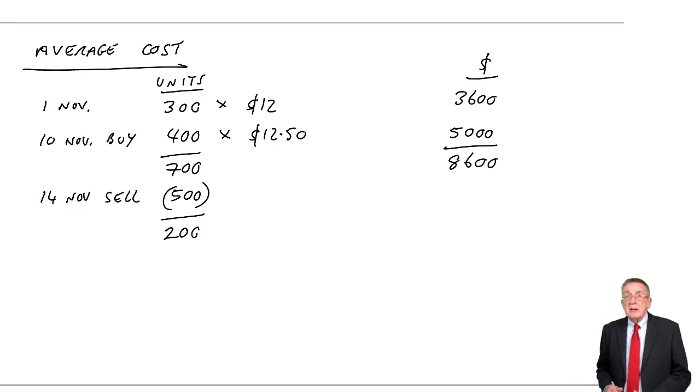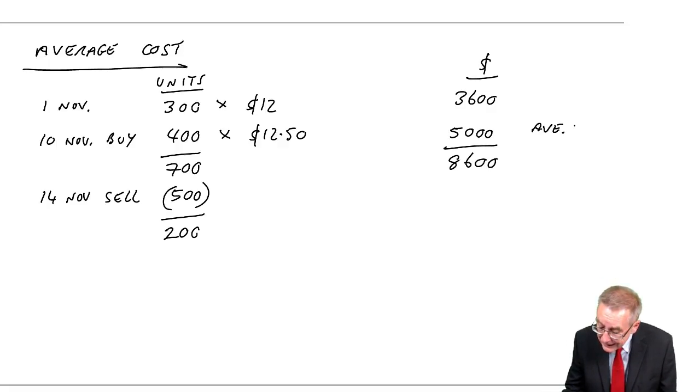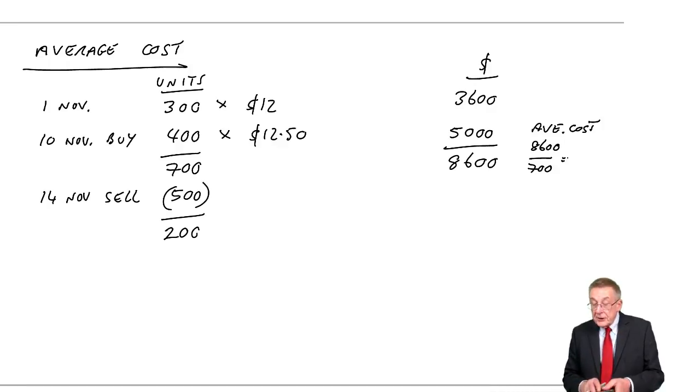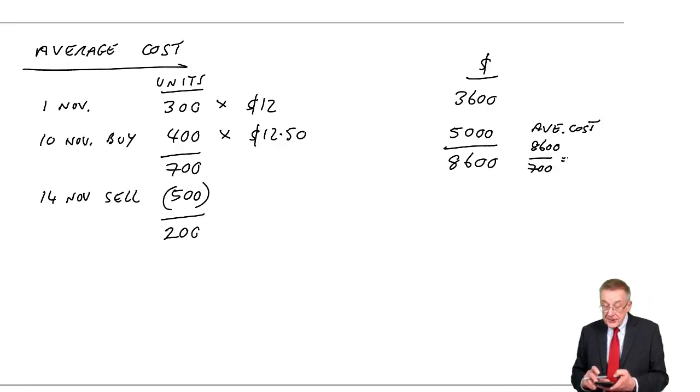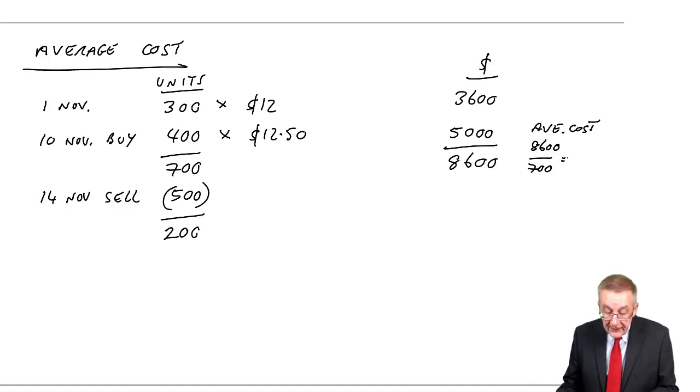And in total, they'd cost us 8,600. And so the average cost per unit, 8,600 for 700 units, on average at that stage, it cost us $12.29 per unit.